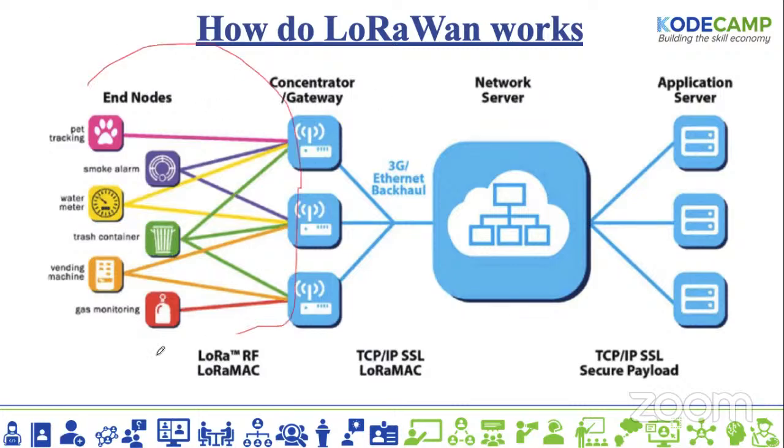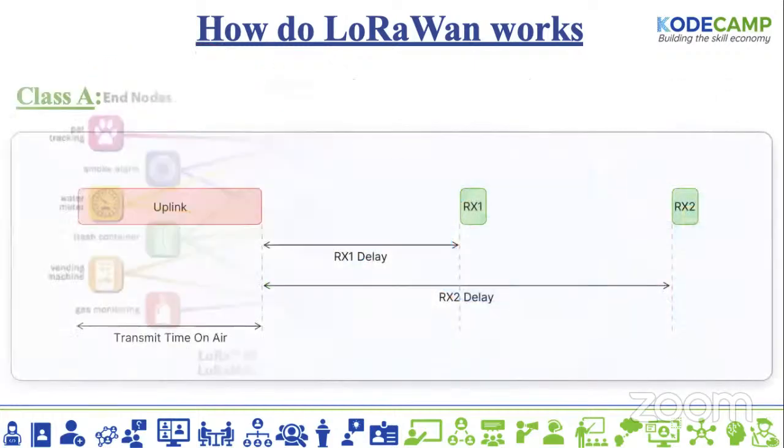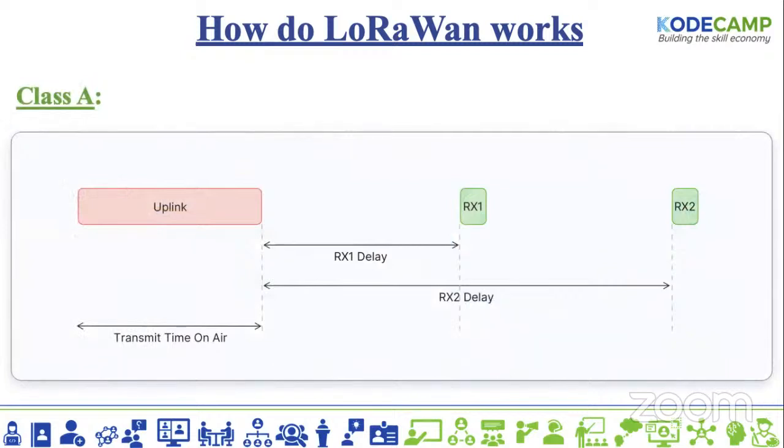So a device can send an uplink message at any time. Once the uplink transmission is completed, the device opens two ports. These are the two ports it opens.